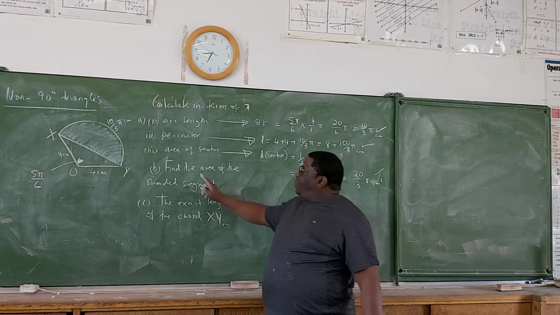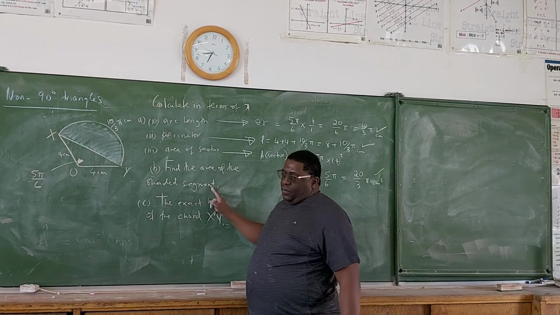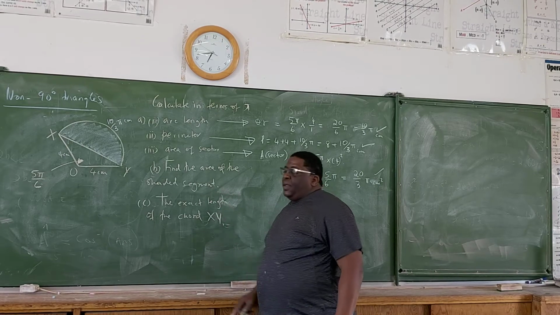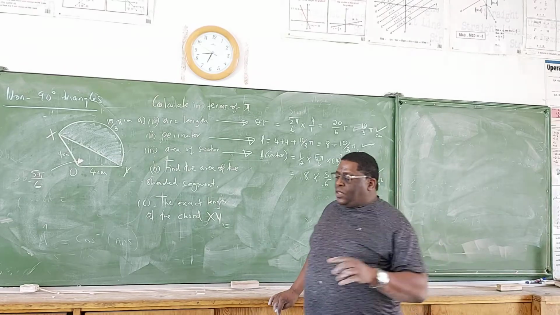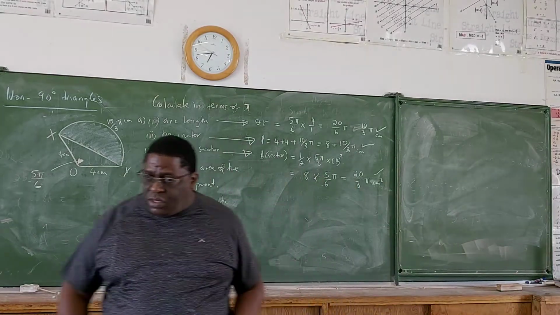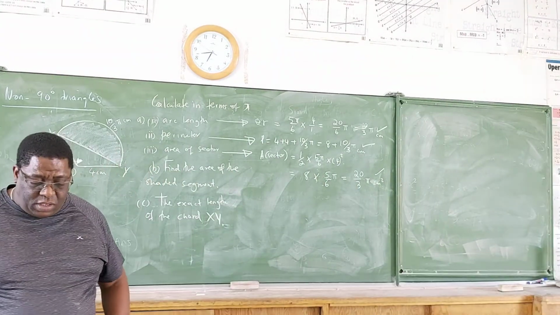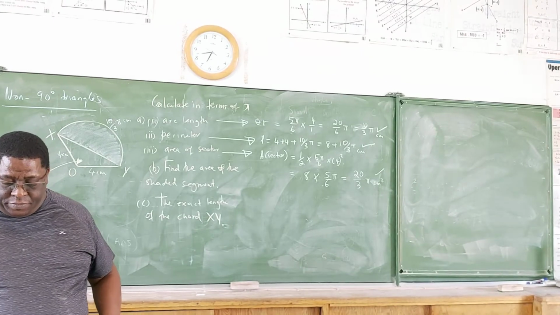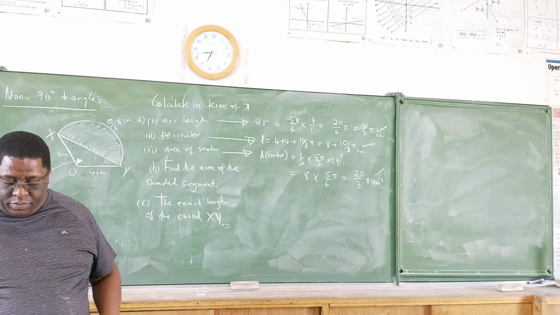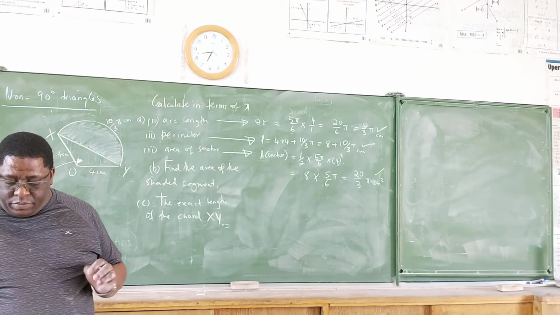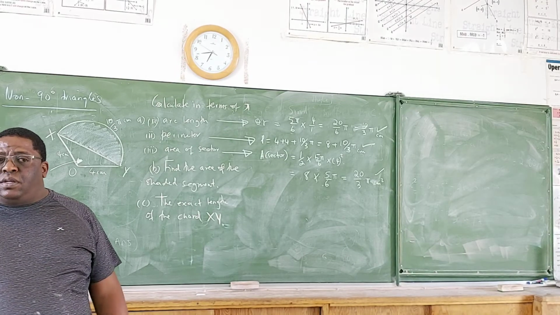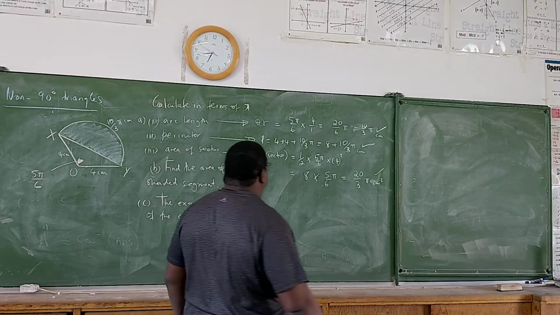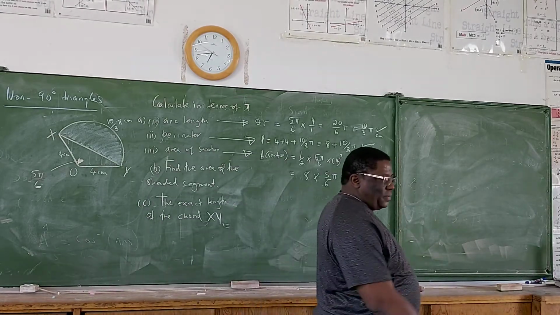Part B, we are supposed to find the area of the shaded segment. Now, what does the question say about that shaded segment? Does the question say that's a semicircle? Nowhere does it say it's a semicircle.